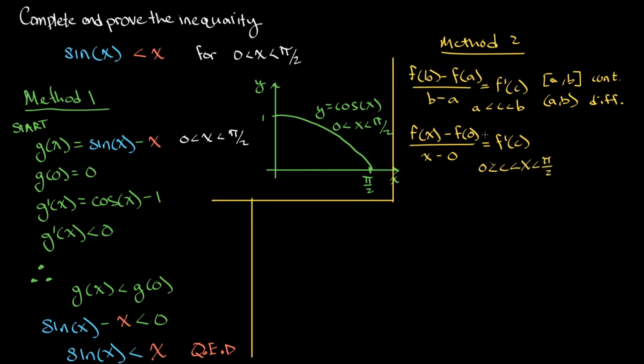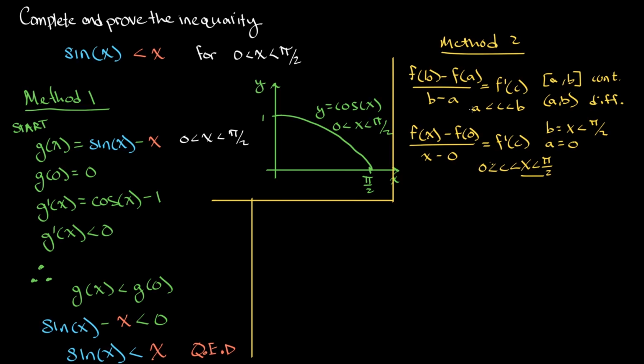So basically, if I were to translate, we are going to let b be equal to x, which is ranging, but it's always going to be less than pi over 2. That's what's represented down here. And then we are letting a be equal to 0. So that's the translation between the two.